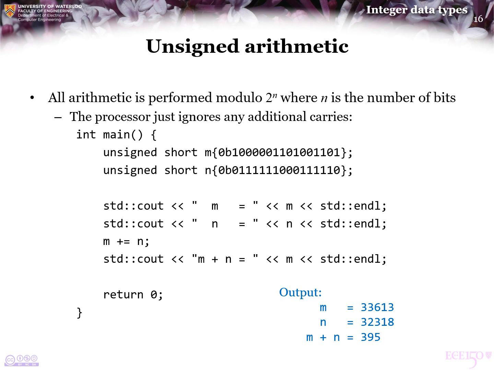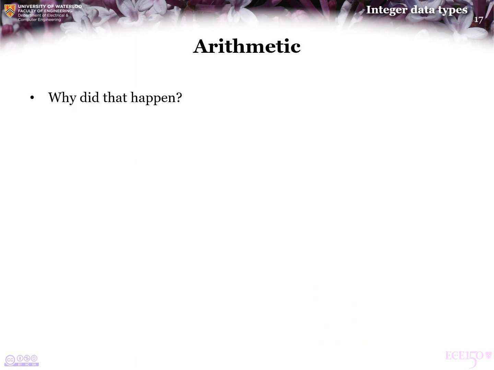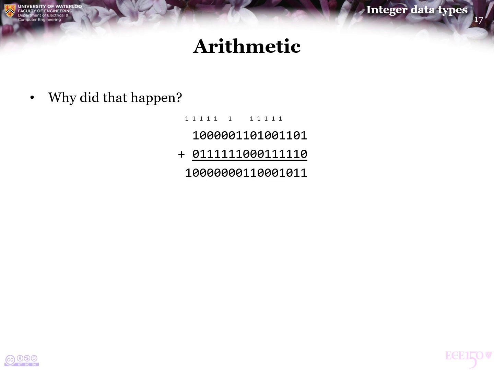Now, how did that happen? To see what happened, let's take these 2 binary integers and add them. You should do this yourself just to make sure you understand the concept. However, here is the result. If you convert this binary number into decimal, you will see that this equals 65,931.